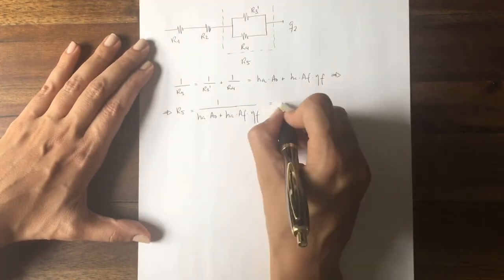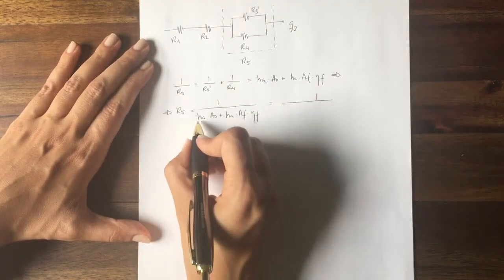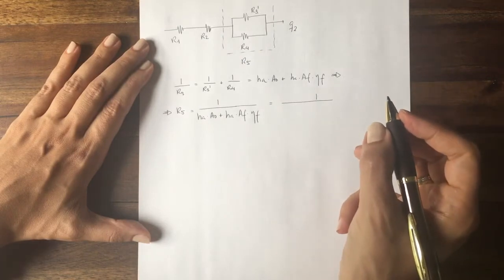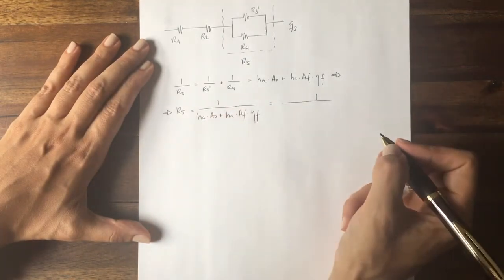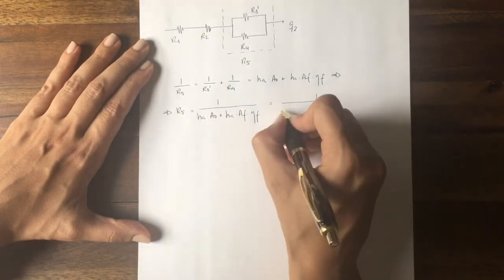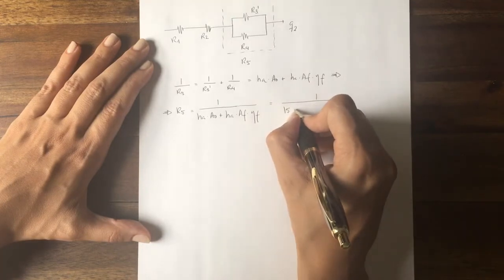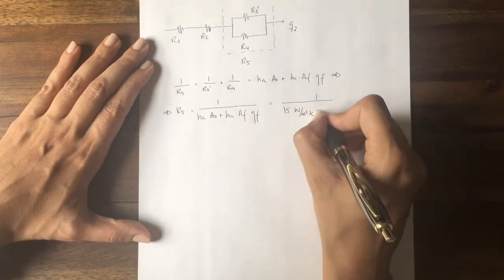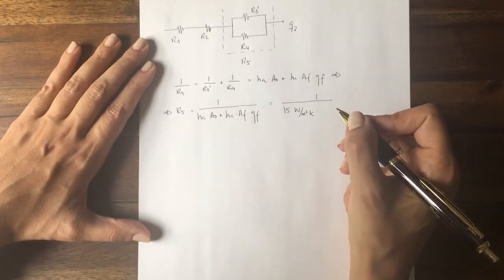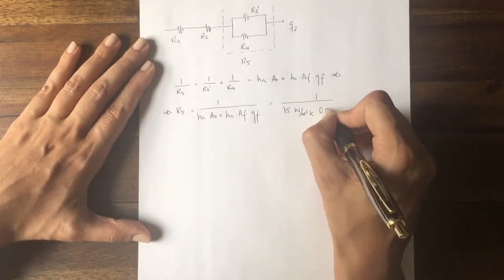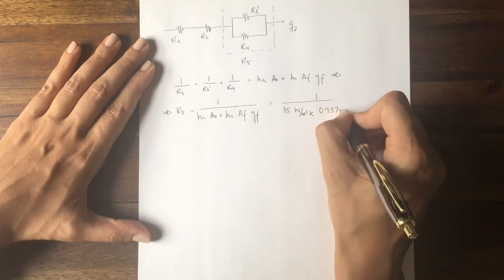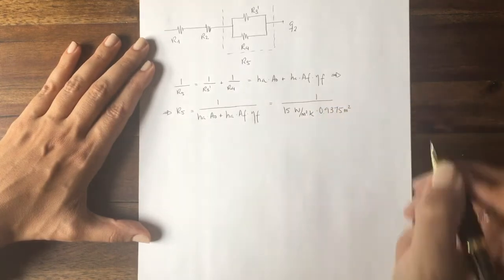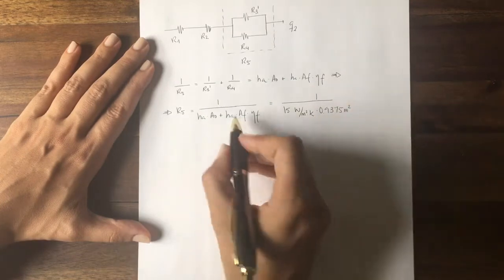We know that the heat transfer coefficient in the air side is equal to 15 watt per square meter Kelvin. A sub 0 we just calculated and it was 0.9375 square meter.